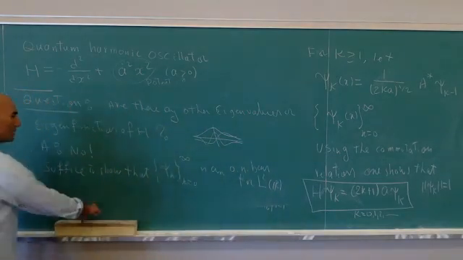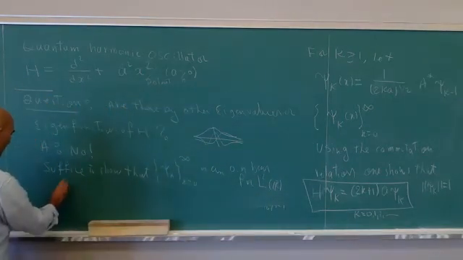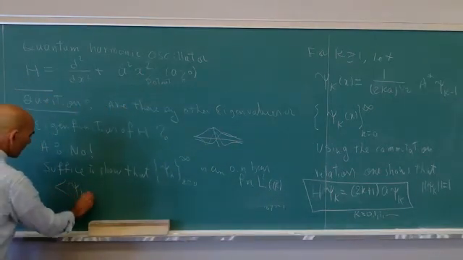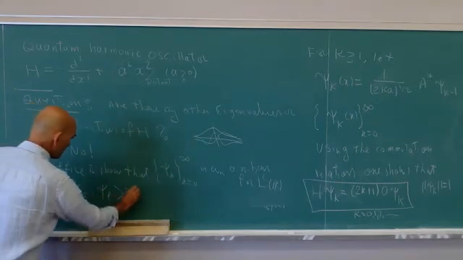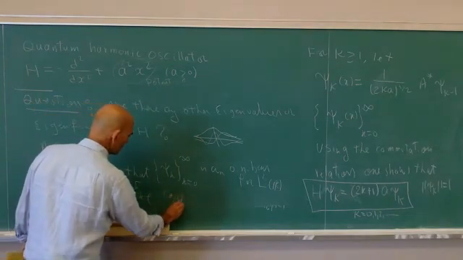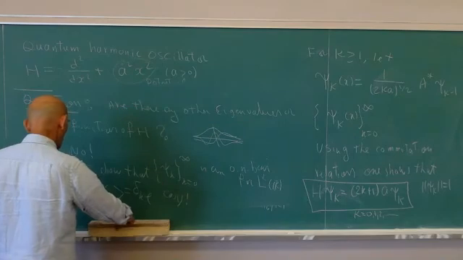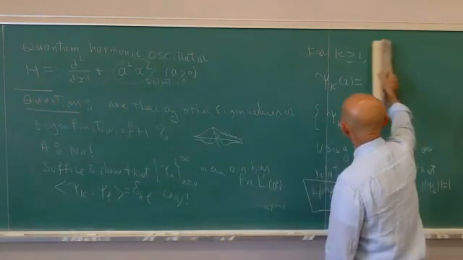Now, one thing: the inner product of psi k and psi L is easy from the definitions and commutation relations. I tell you, this is easy. That's not a problem. Another thing is that this psi k, we actually know how it is.